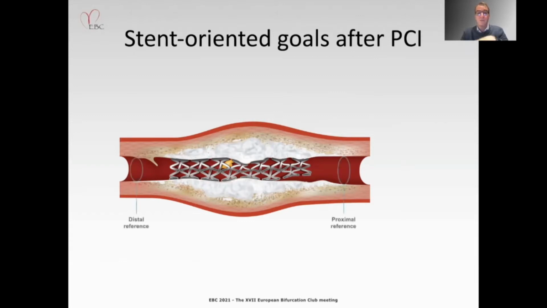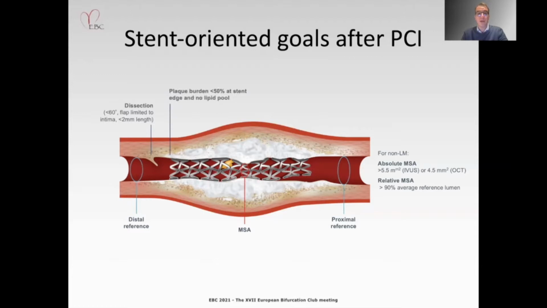We have learned from intravascular imaging that a good mechanical result can be achieved when MSA is greater than 80 or 90% with an absolute MSA greater than 5.5 square millimeters. If dissection is not present, plaque burden at the edge and malposition should also be avoided.